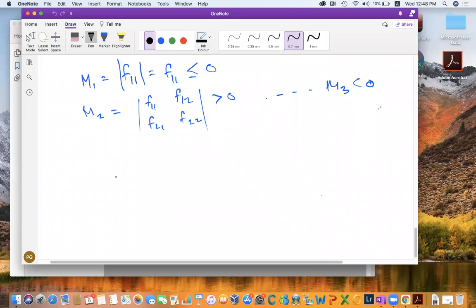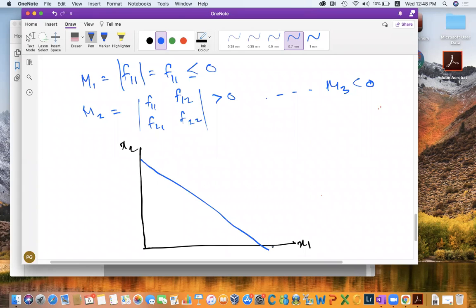Okay, so x2, x1, and initially you have some budget line, and you have a point of tangency.